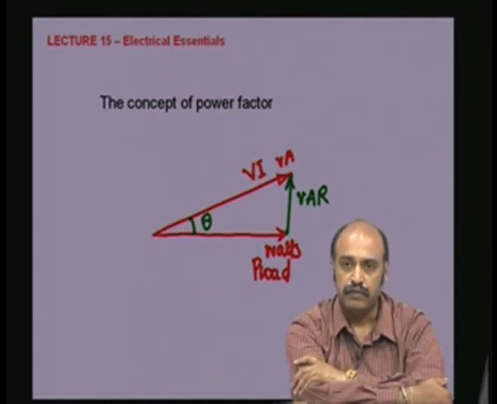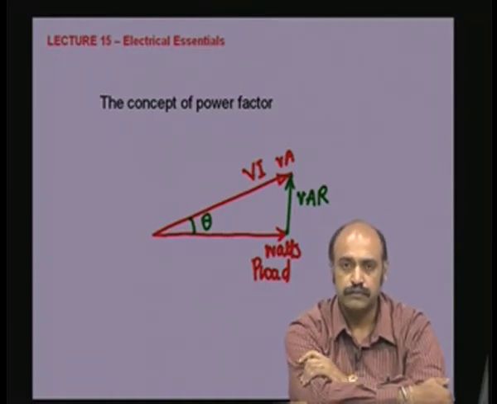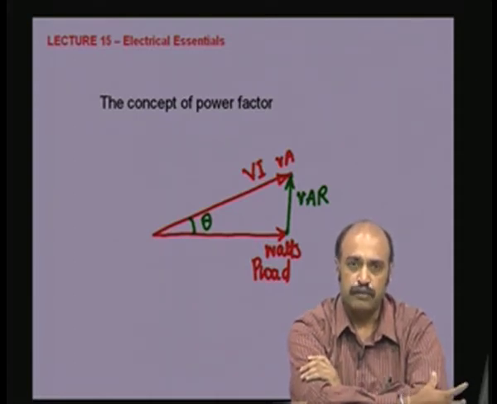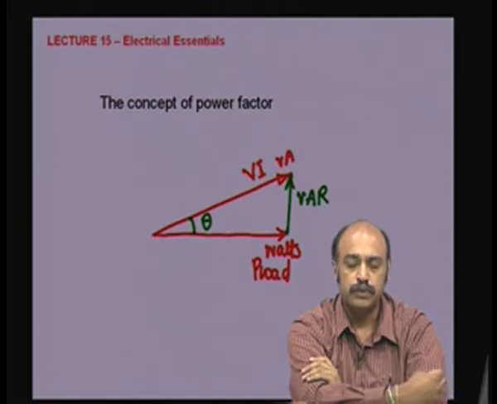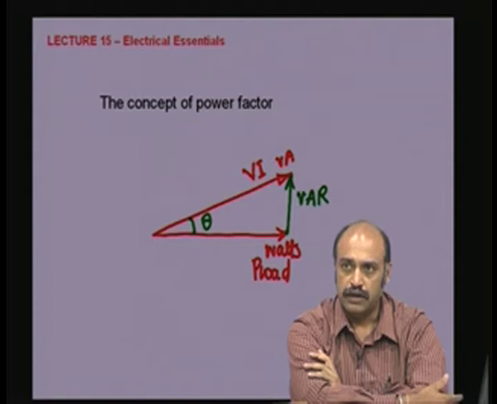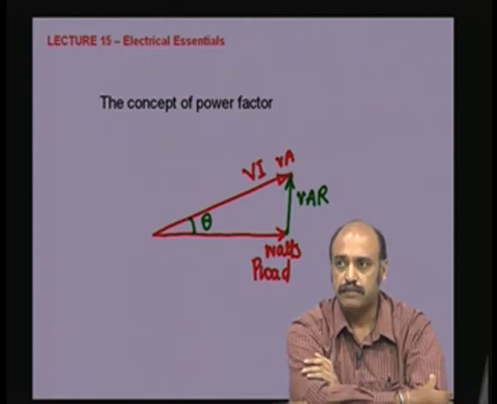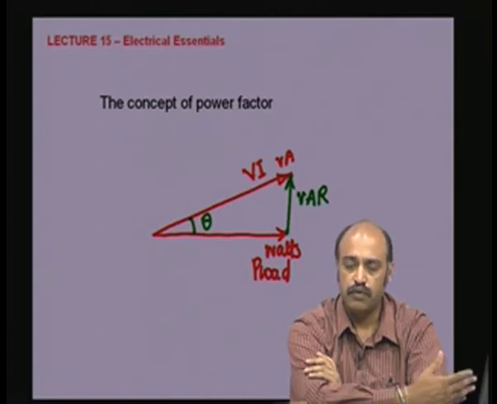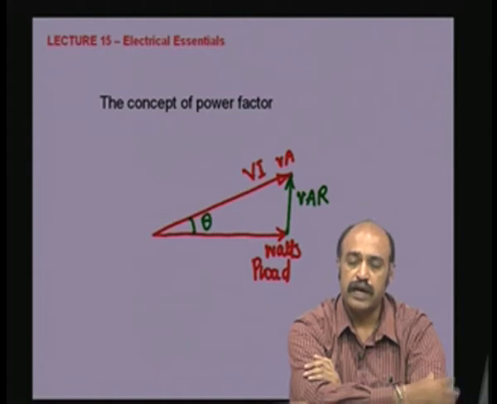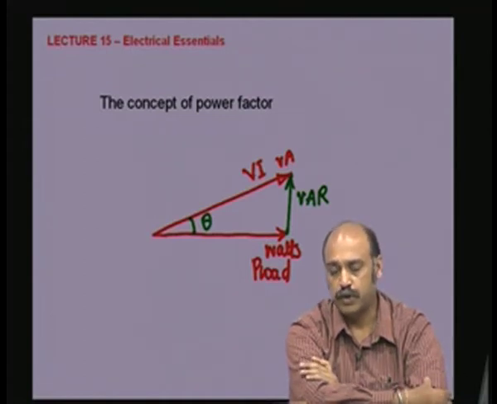Lecture 15 brings you the important concept of power factor. Power, when we draw from the source, has two components, the reactive power and the active power. The active power is the one which actually goes to the load. The reactive power goes to set up the storage mechanisms. As I said, the energy flows from the source to the destination. You will see that energy gets stored in a kinetic or electric potential form in between before it reaches the load.